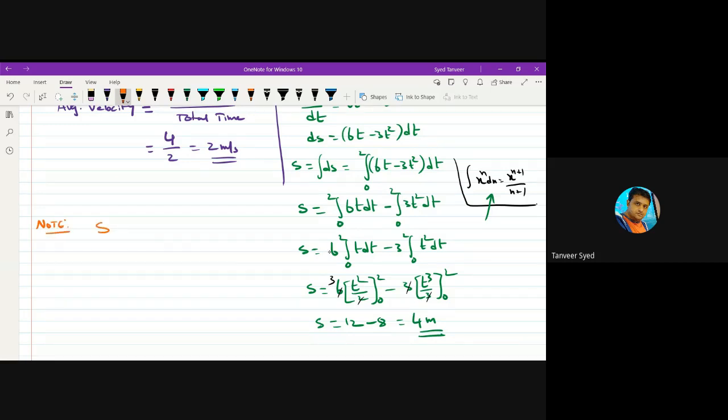If displacement is given as a function of time and you want velocity, or if velocity is given as a function of time and you want acceleration, you have to differentiate.